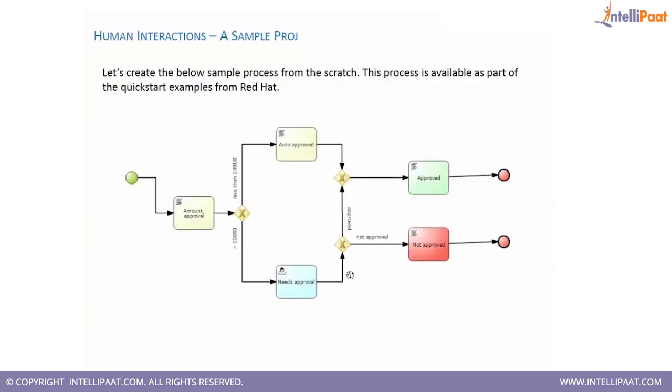If it is less than 10,000, it is always approved by the system, and it directly goes to the approved stage. But when it goes to the user, he can either approve it or reject it. The process can take any one path. So that's what we are going to see now.